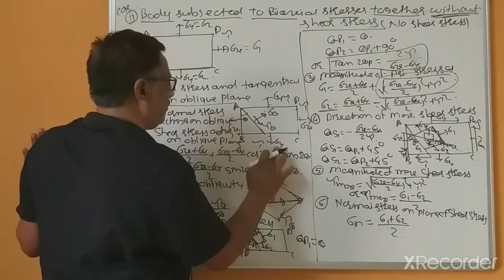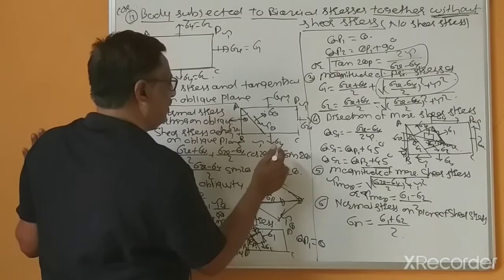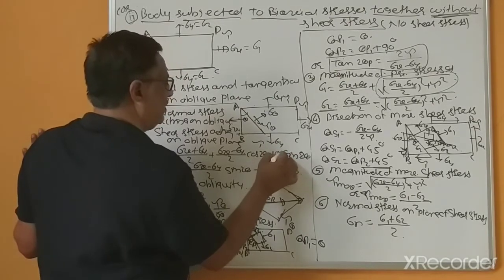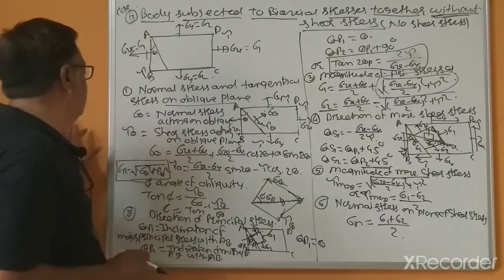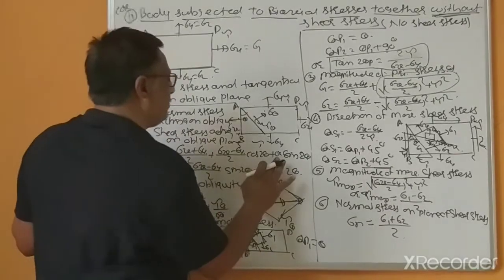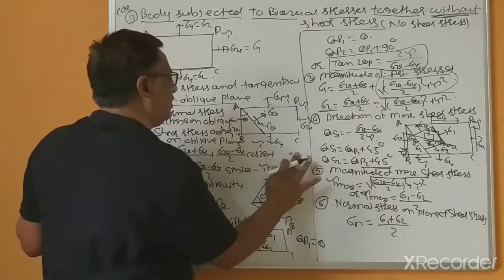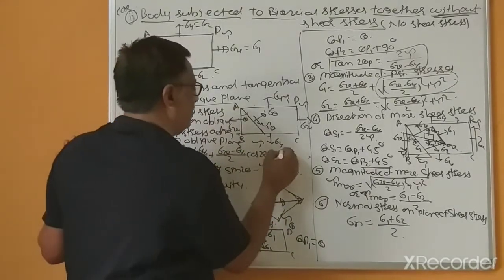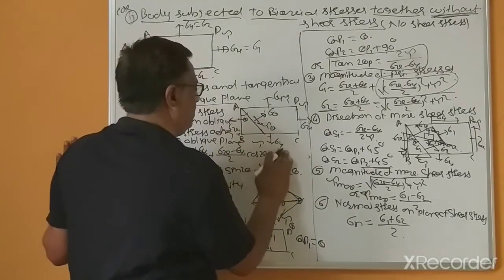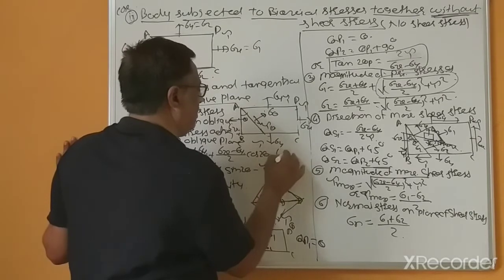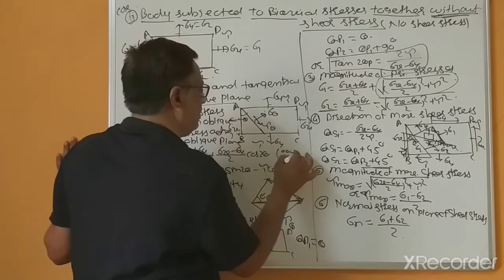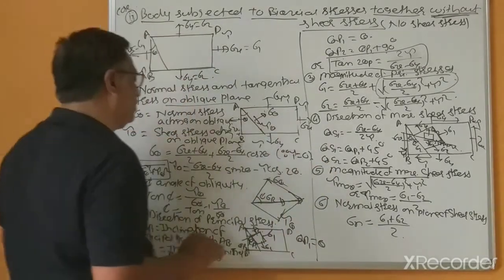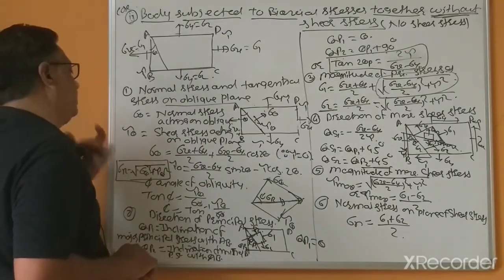So this is tau equal to 0 multiplied by sine 2 theta, so that term becomes 0.